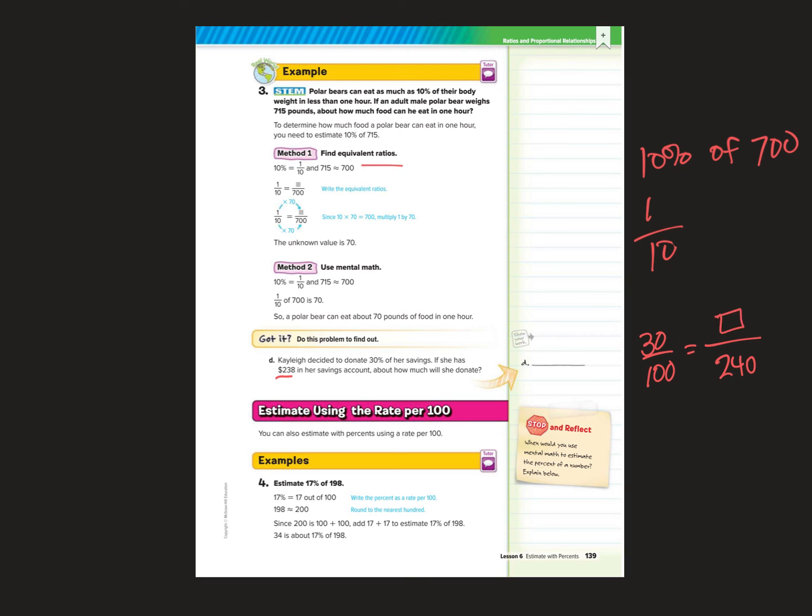Then I can divide both by 10. I would multiply 10 by 24. And multiply by 24. 24 multiplied by 3 is 72. So we would get about 72. How much will she donate? About $72.